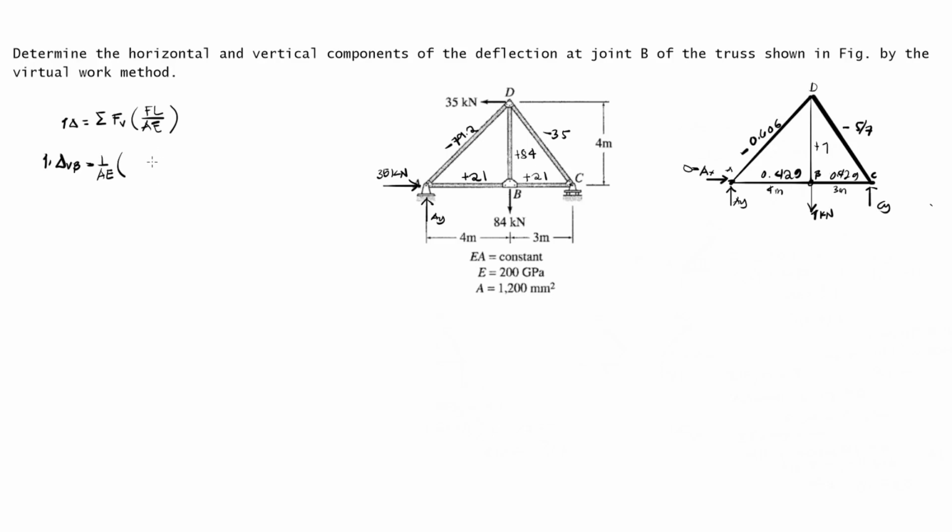So, i-add lahat natin yung FV F times L. Okay? So, ang pinakamagandang gawin dito is gagawa tayo ng table. Okay? So, gawa tayo ng table. Okay? Summation FV F L. Okay, so gawa tayo ng table class.